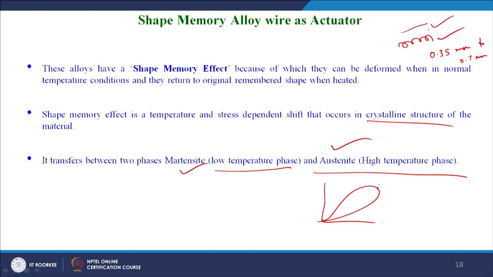That is, the heating time and the cooling time are not the same. Heating time is different and cooling time is different, and hence non-linearity arises in controlling the SMA wire.